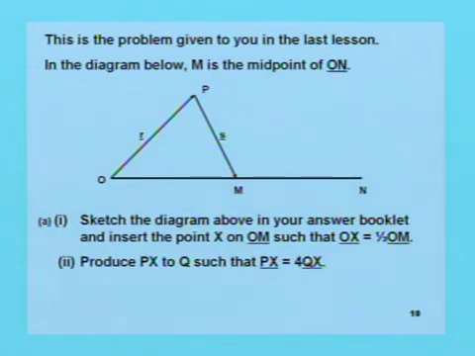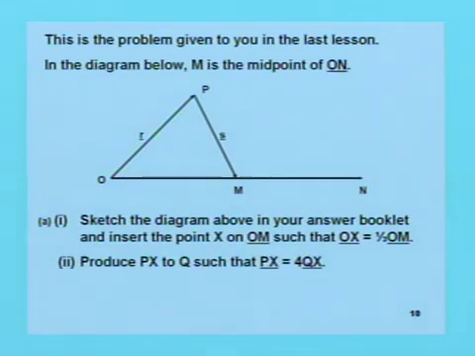This is the problem given to you in the last lesson. In the diagram below, M is the midpoint of ON. Part A, part 1. Sketch the diagram above in your answer booklet and insert the point X on OM such that OX is equal to a half OM.